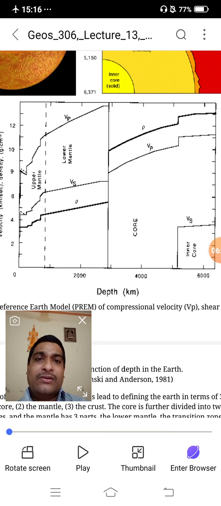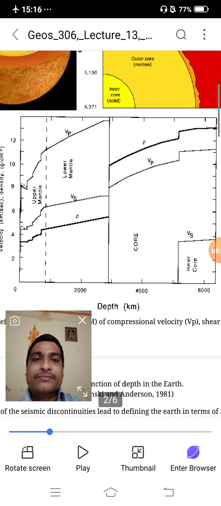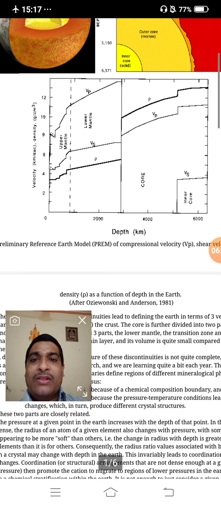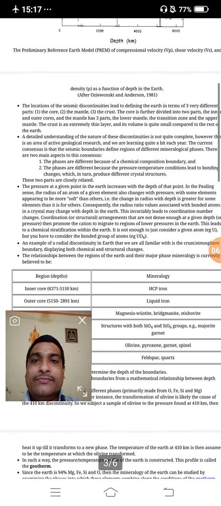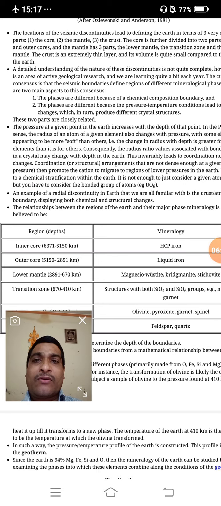Also in the core, the density increases up to 9 grams per centimeter cubed. This means the velocity and density of the earth material increase with depth. I already discussed the crust, mantle and core in detail.